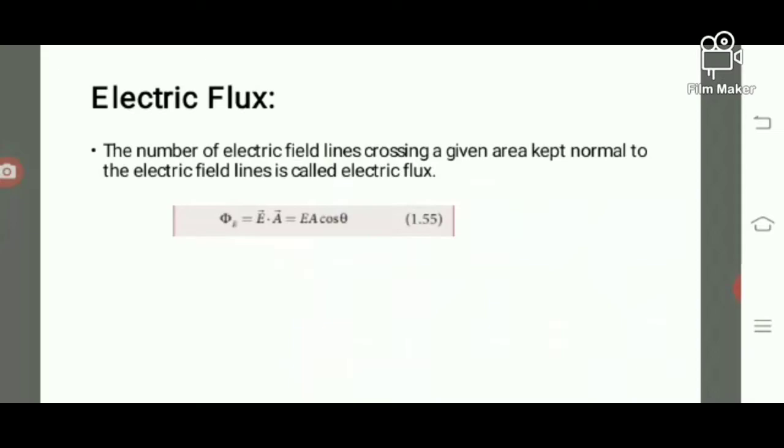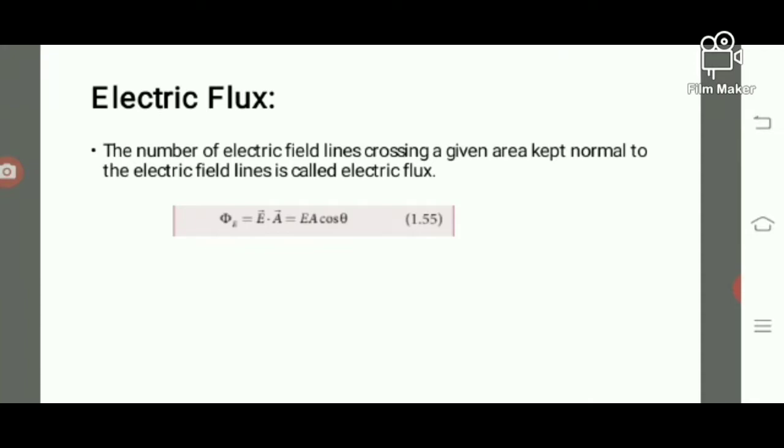First, if you want to know about Gauss law, you must first learn about electric flux. Electric flux is defined as the number of electric field lines crossing a given area kept normal to the electric field lines.